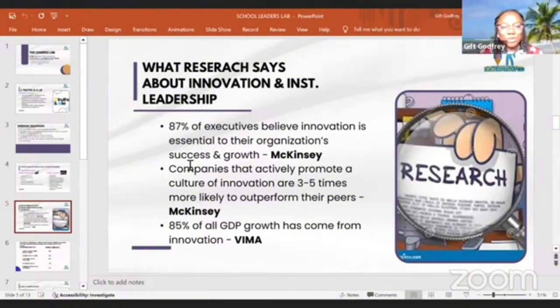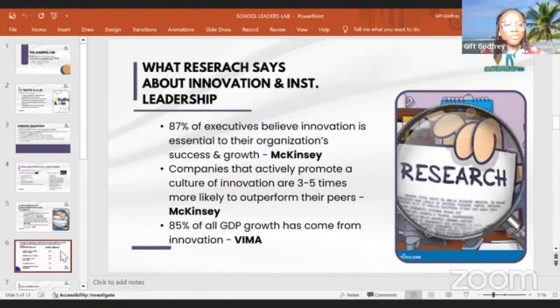Look at number 2, what research says. Companies, schools that actively promote a culture of innovation are 3 to 5 times more likely to outperform their peers. Woo! Then we have 85% of all GDP growth has come from innovation.